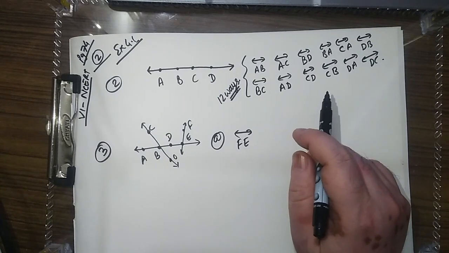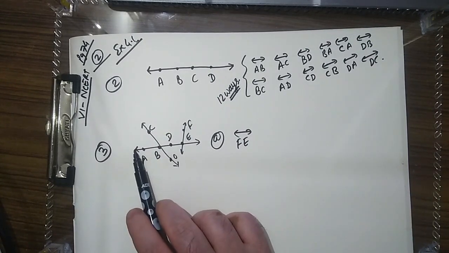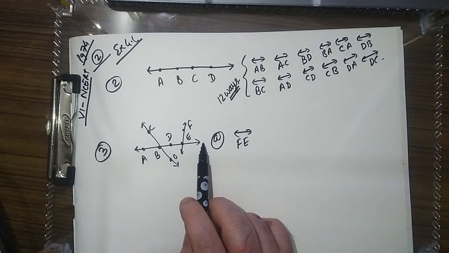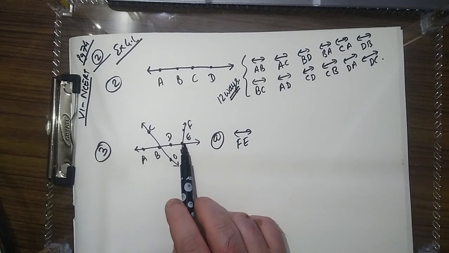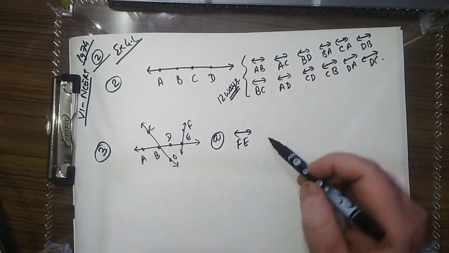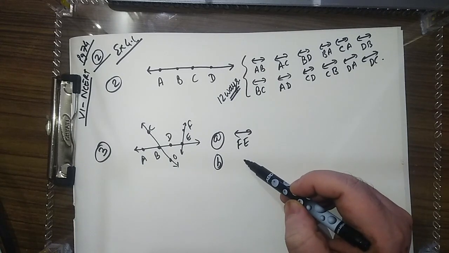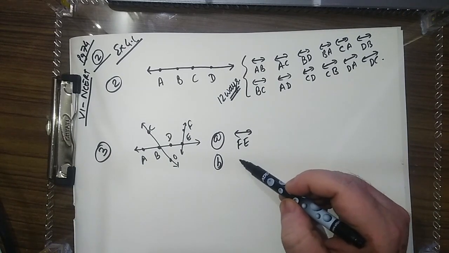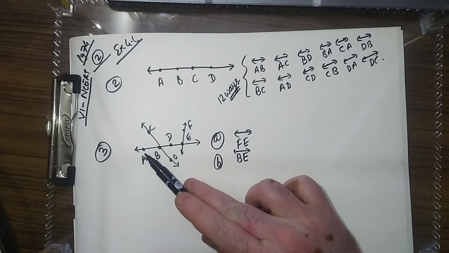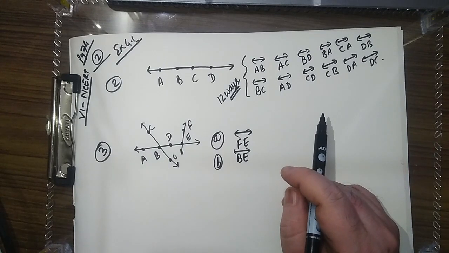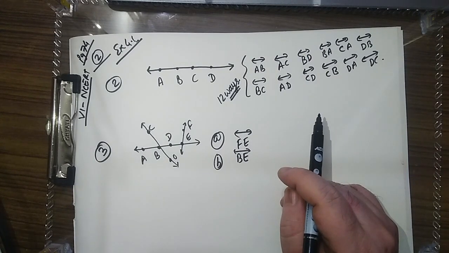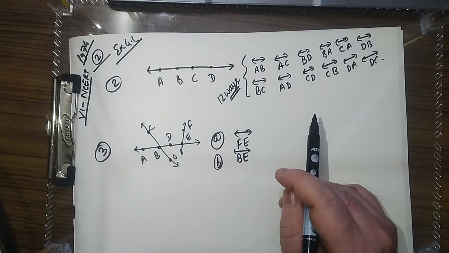B. Line passing through point A. Which line is passing through point A? Line BE is passing through point A. C. Line on which O lies.